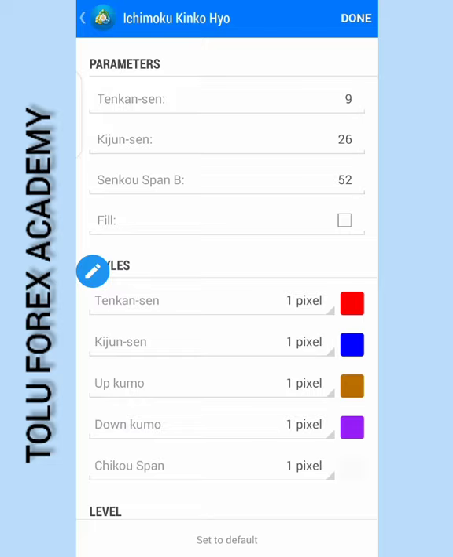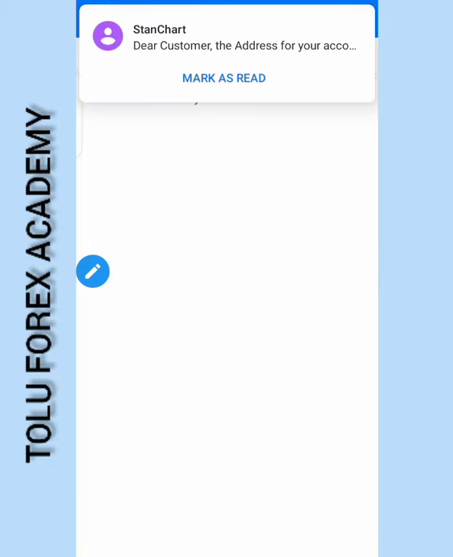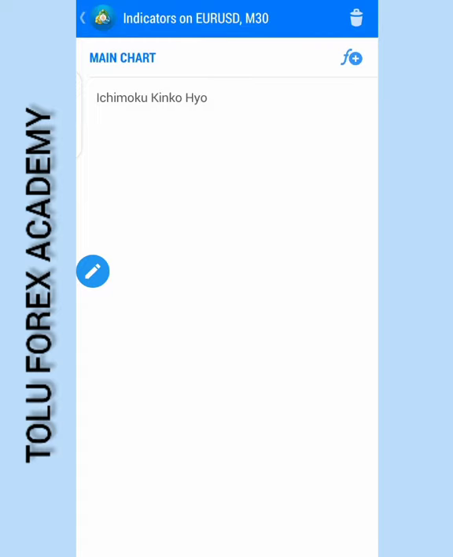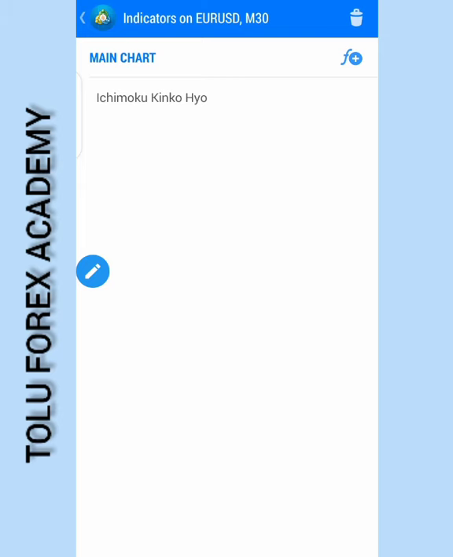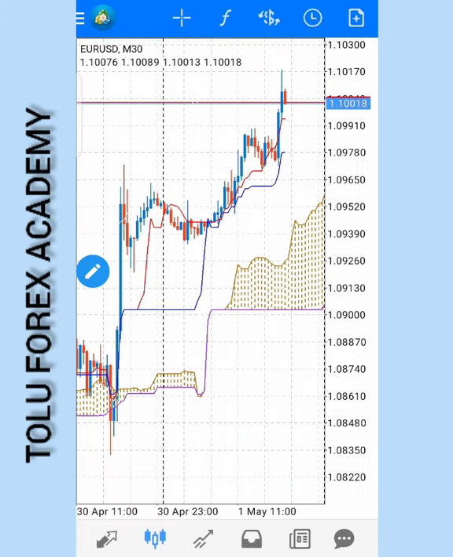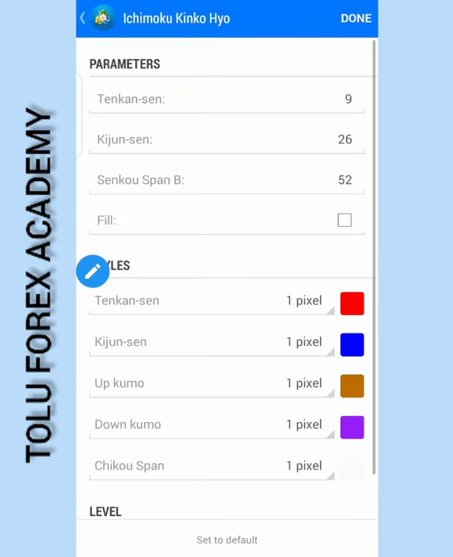I want the cloud to be all shaded. I don't want it this way. Okay, so what I'm going to do is go back to the indicator section and edit it.